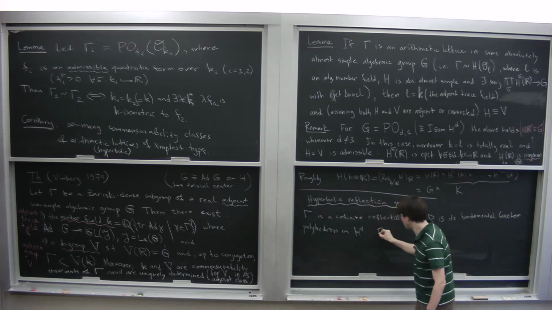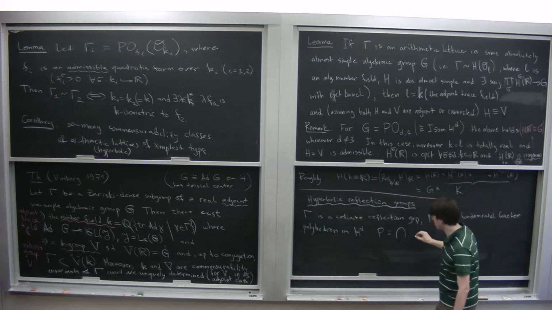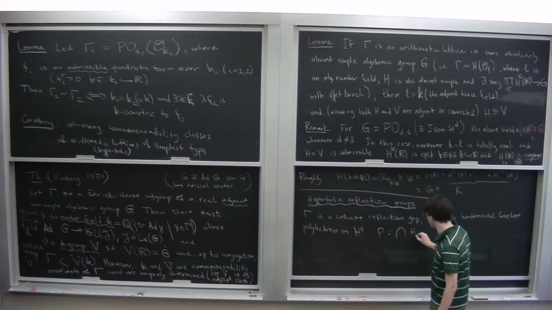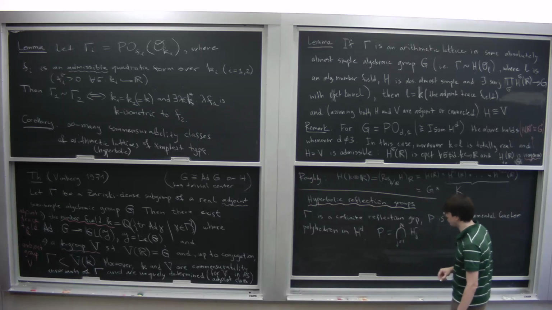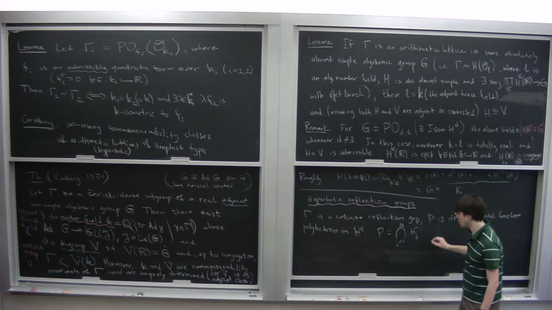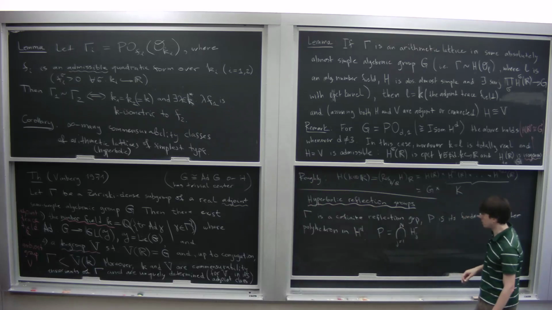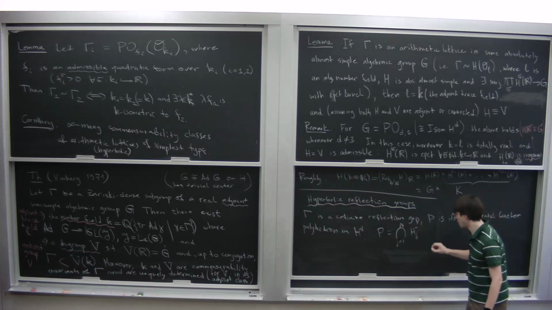So in fact, P is an intersection of finitely many, I will denote them by a_j minus, j from 1 to n. So this is an intersection of finitely many negative half spaces.